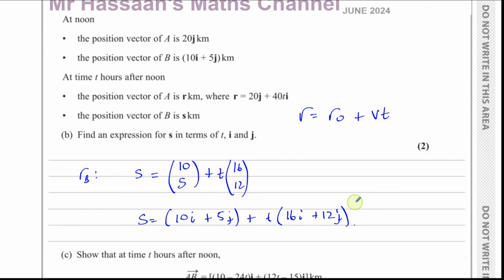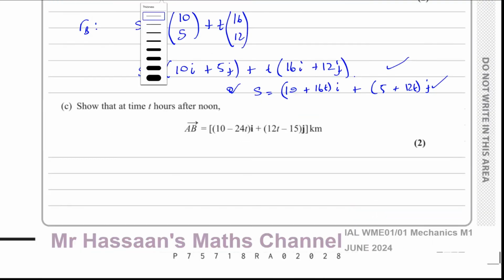You can separate the i and j components if you want to. That's an alternative way of writing it. Both of those are correct.